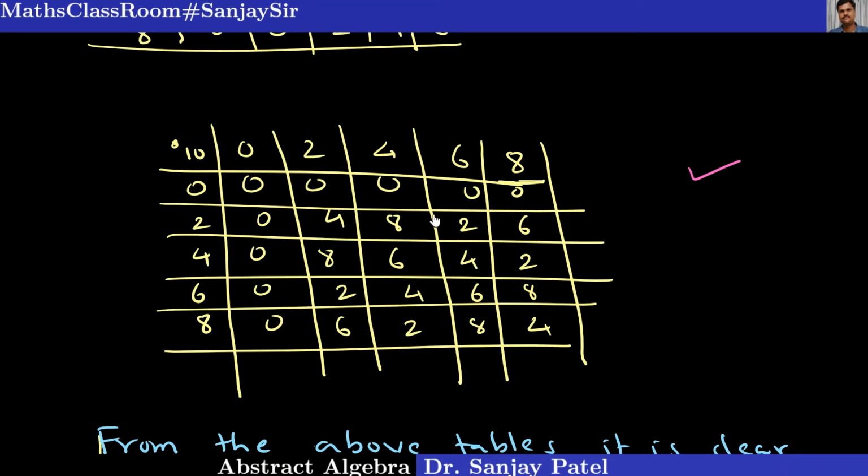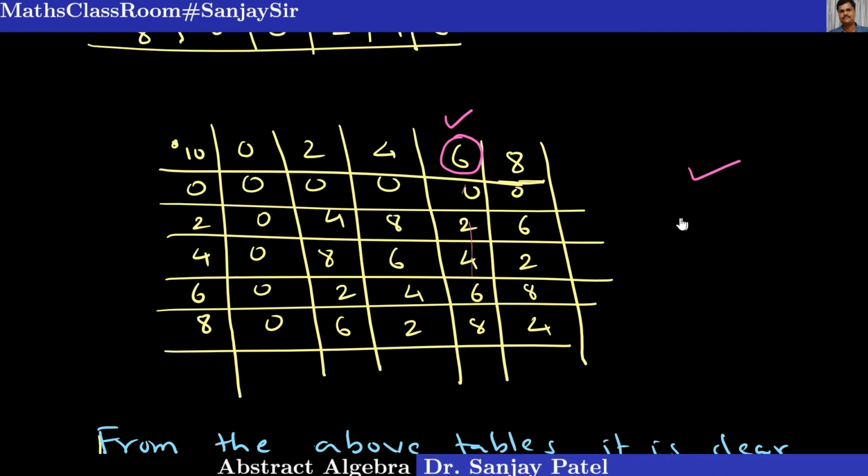But if I take this element, say 6, let us observe. For identity element, what you should check is that you get the copy of the title row or title column in front of or just below that given element. For example, concentrating on this 6, below 6 is the copy of this title column, and it is so. Yes, 0 to 0, 2 to 2.